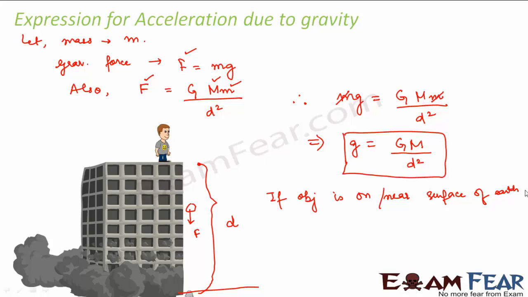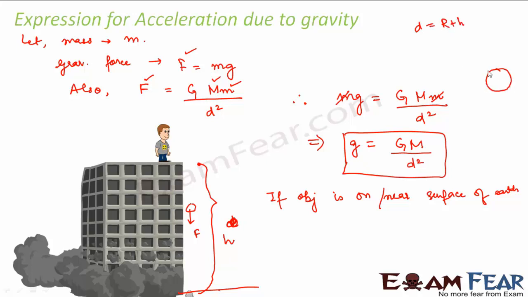In that case, what happens? What is this d? Here this d is not the distance from this surface. This d is basically the distance from the center of the earth. That means let us suppose this is some height h. Okay, so there is some distance from the center of the earth. So this d is nothing but the radius of the earth plus the height.